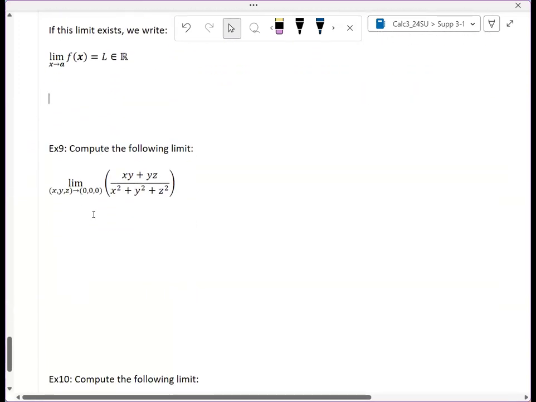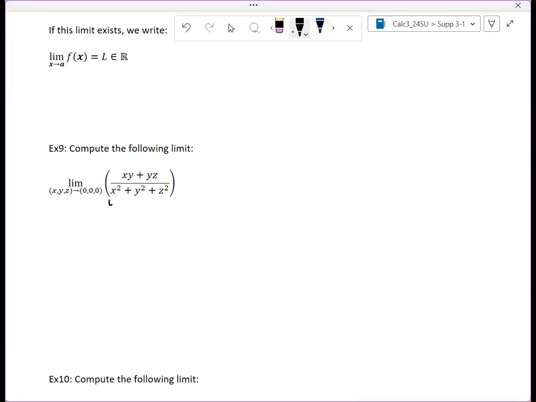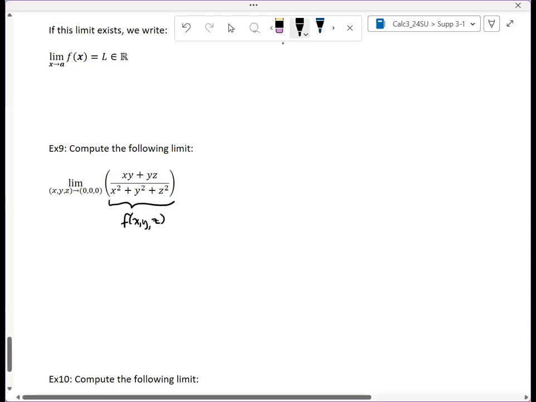Okay, so let's look at example 9, computing the following limit for a function of 3 variables, taking 3 variables as inputs and yielding a real number as L. So this is f of x, y, z that we're looking at. Let's try our same trick as before.